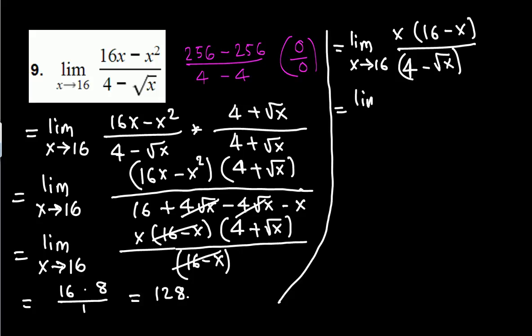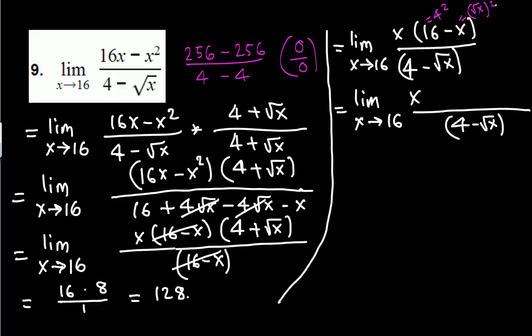So limit as x tends to 16, x times 16 minus x over 4 minus square root of x. This is 4 squared, and x is the same as square root of x quantity squared. So we have now a difference of two squares.